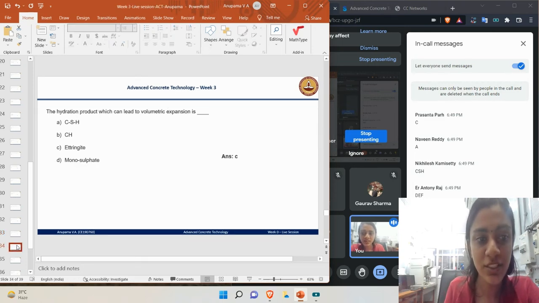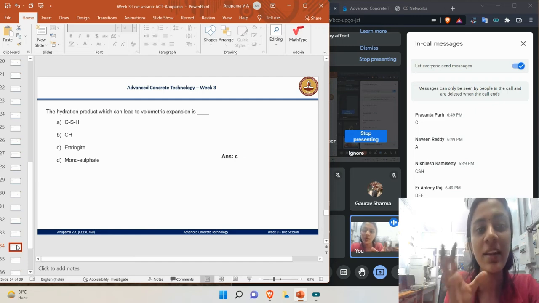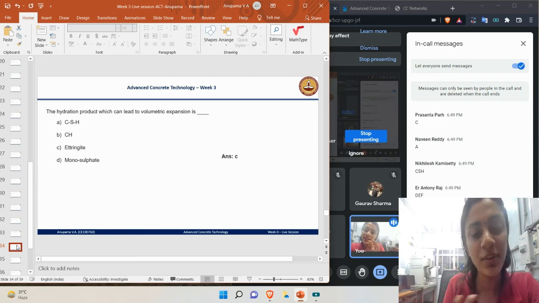This conversion of monosulfate to ettringite causes an expansion. Whenever ettringite is formed, it comes along with a volumetric expansion. That is why, even in shrinkage compensating cements, they make the cement such that it expands initially, so that once it shrinks, it comes back to the original shape or the required shape and size.